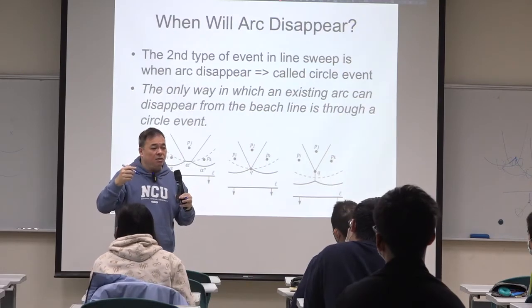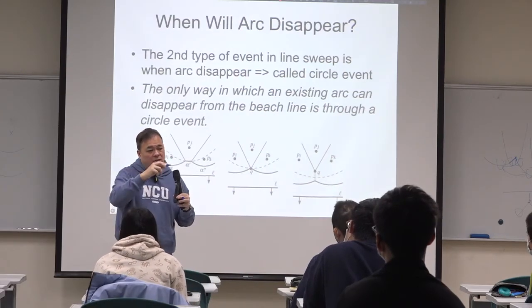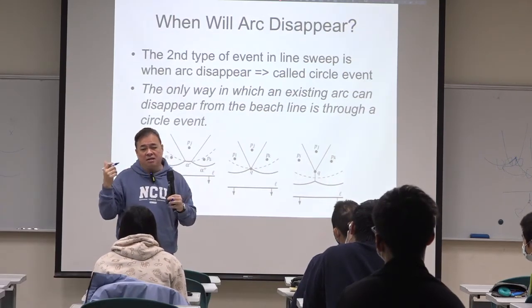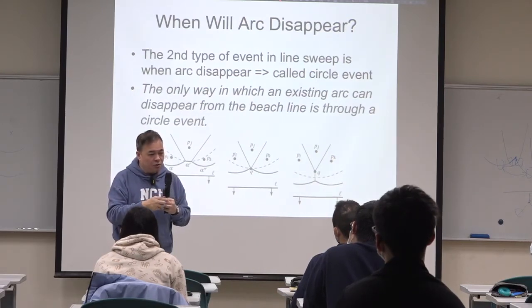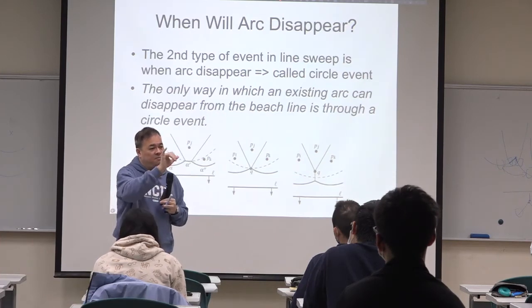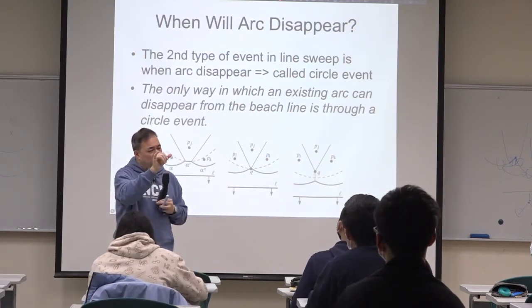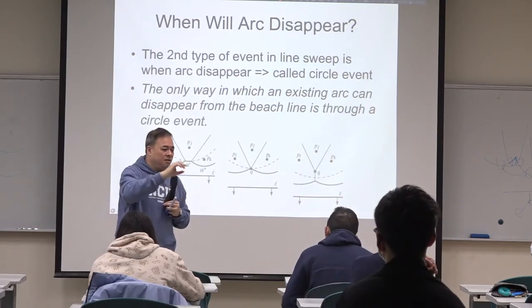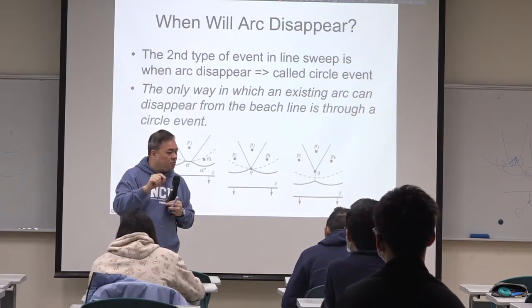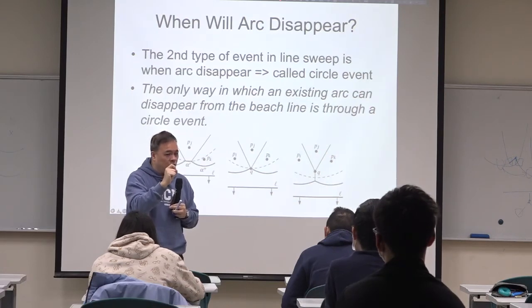One of the arcs that contribute to this is gone. So what happens is we insert the circle event for every 3 consecutive parabolas into the event queue, and we keep track.